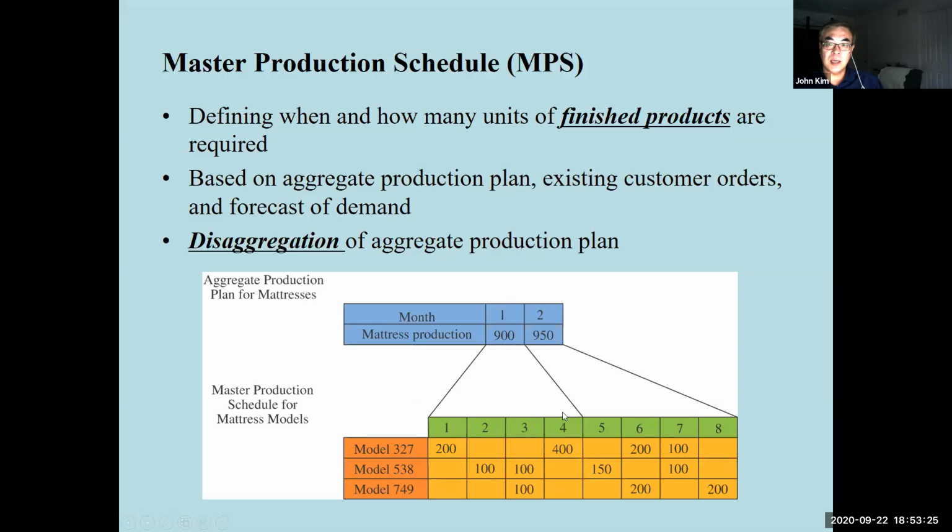For example, the first month 900, then this aggregate model 327 needs this part, first week, and so on. So this is now the master production plan, MPS, from aggregate planning.